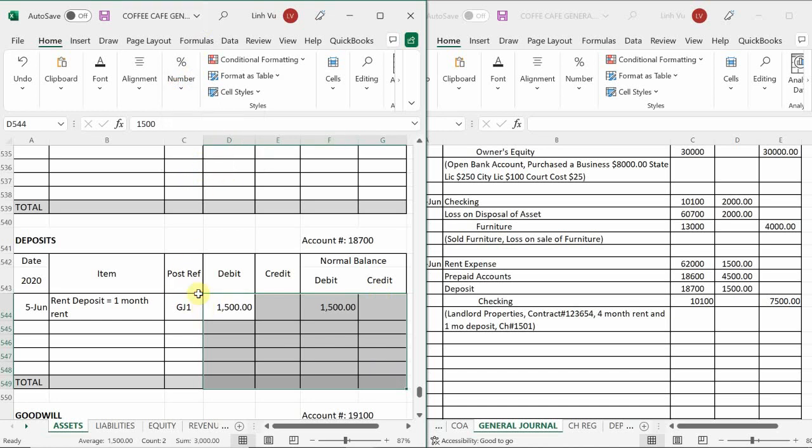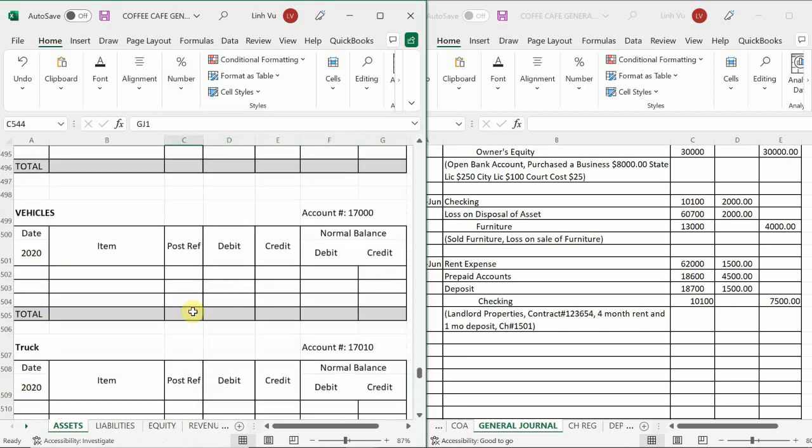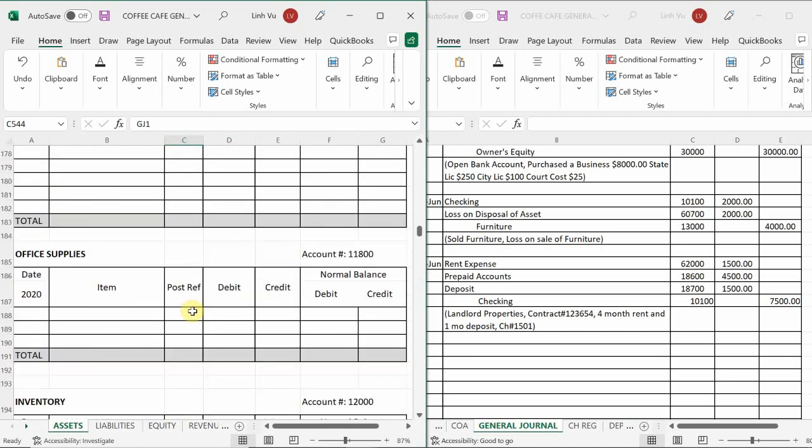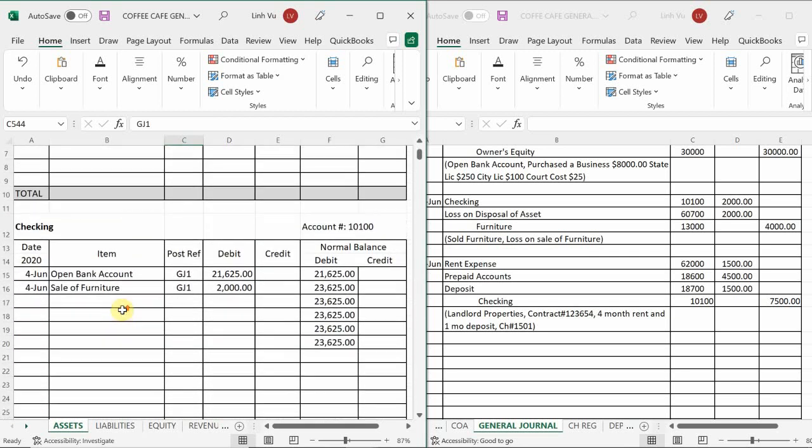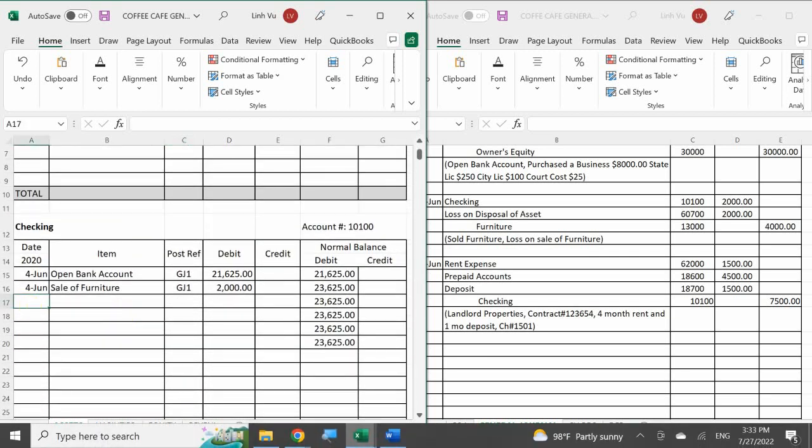So last on your list is going to be your checking account. So we're going to scroll all the way up to my checking account, and we're going to go ahead and put in my date. Now, what kind of notes or information are you going to put in here to represent that you paid something?